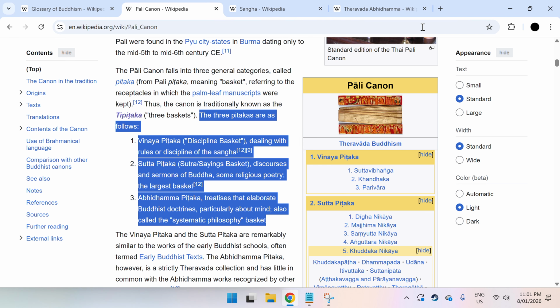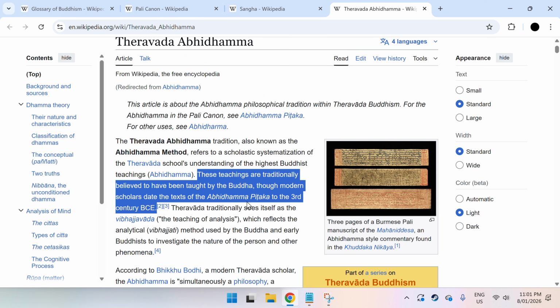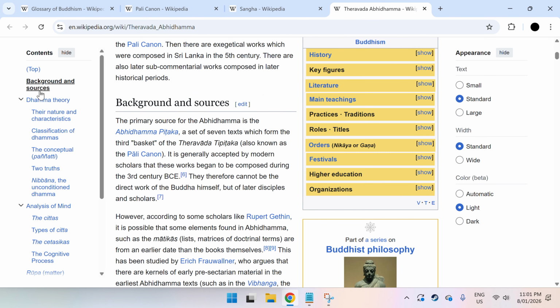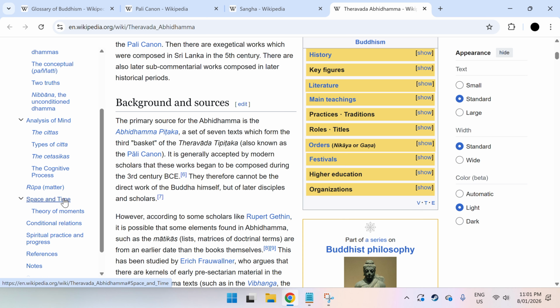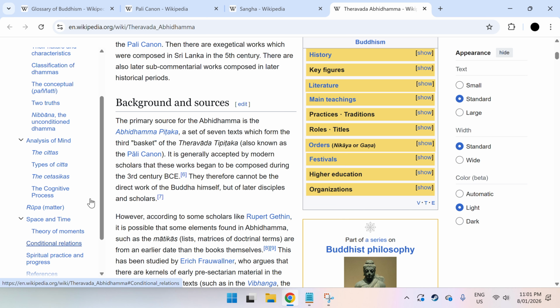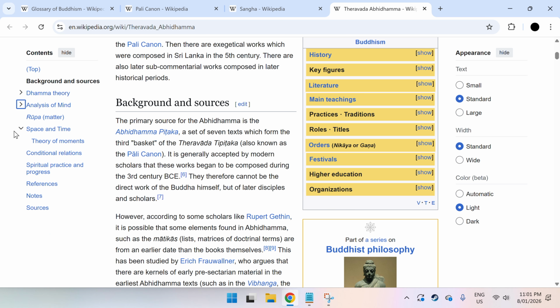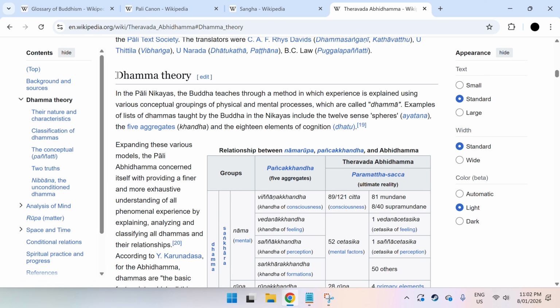I'm going to look for a summary. We'll go over to the Abhidhamma again. What have we got here? Dhamma theory, analysis of mind, space and time. So I might just have a little bit of a look through these. Where are we? Dhamma theory.